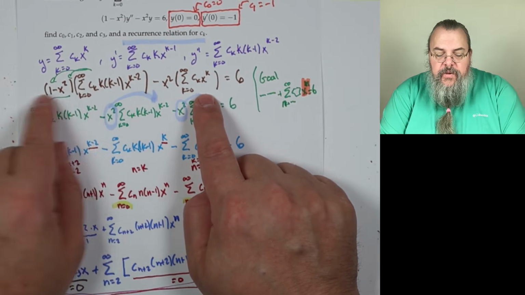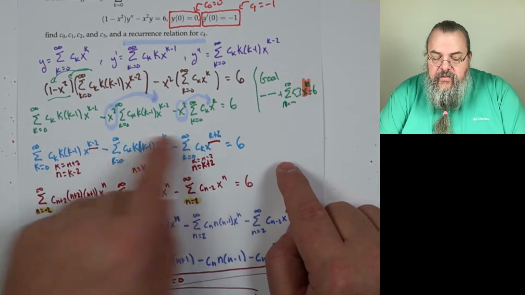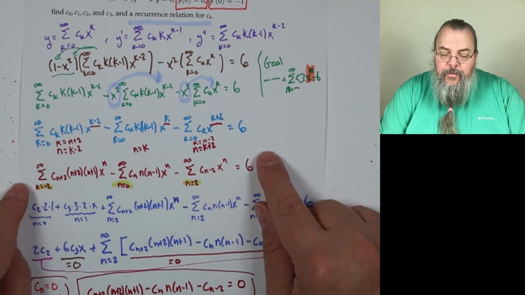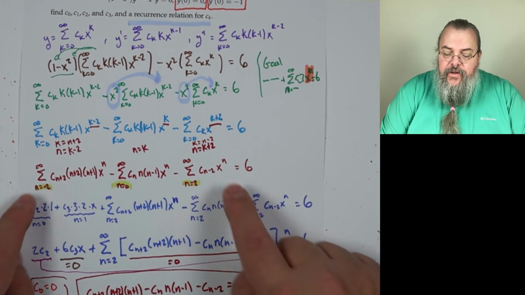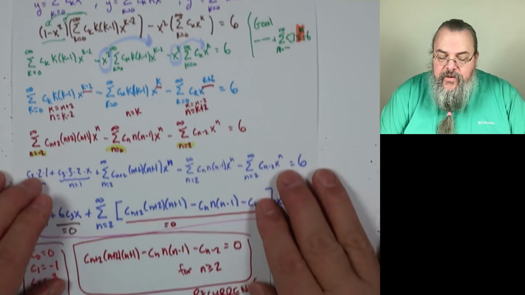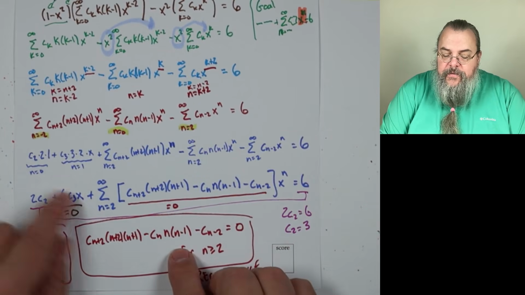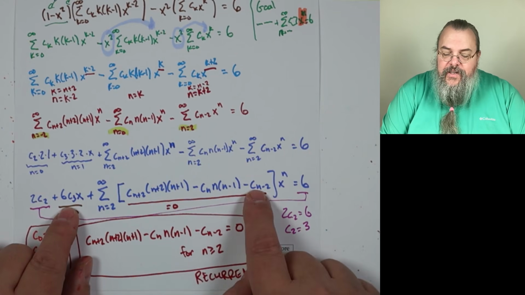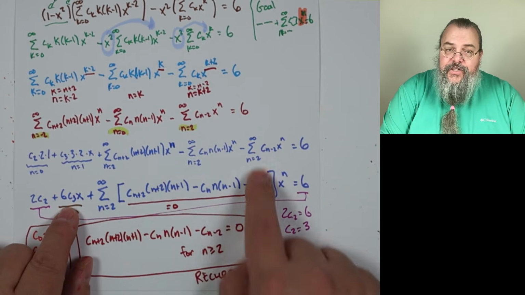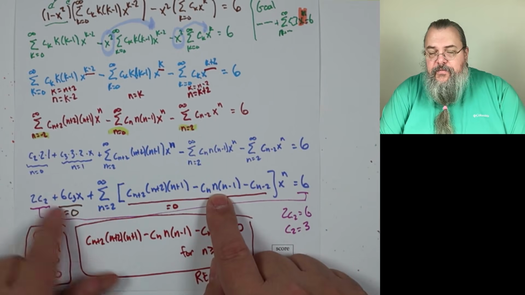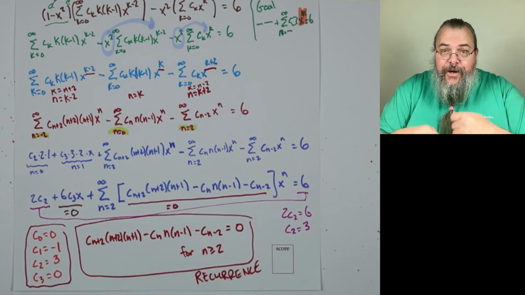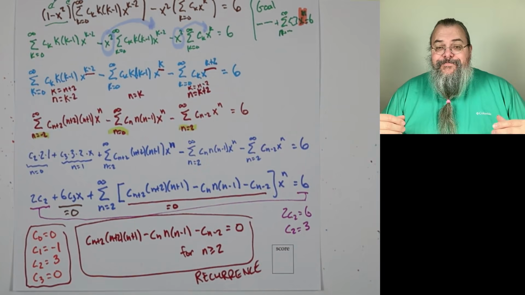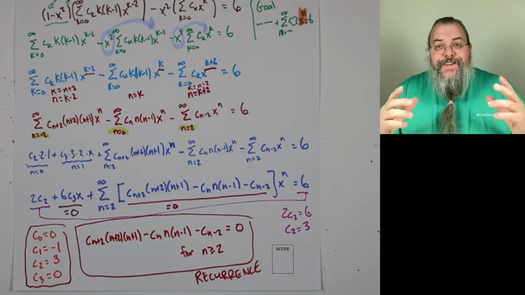We distributed, moved the powers of x in, re-indexed, then pulled off terms at the start so that all the starts agreed. Once all the starts agreed, we have stuff at the beginning plus everything from where our starts agree on. That's our recurrence relationship. And this gives us a few terms at the start to get our wheels turning for our recurrence. That's the process, and it works.